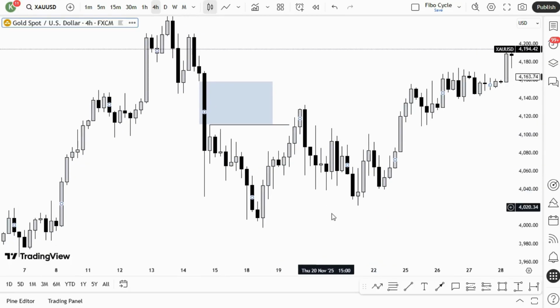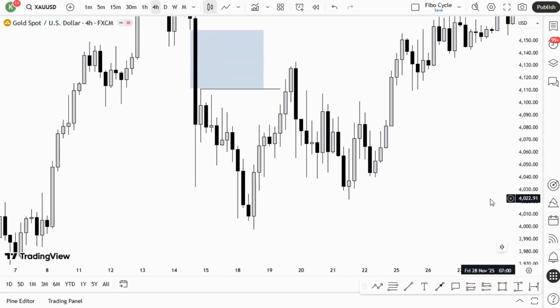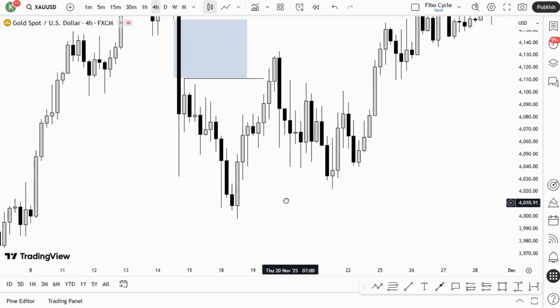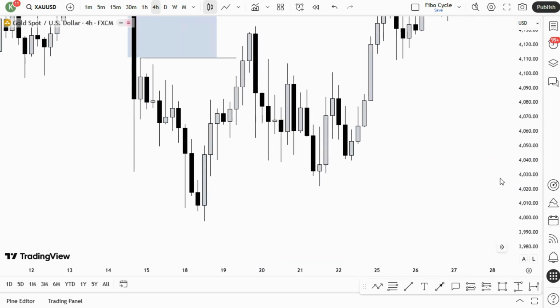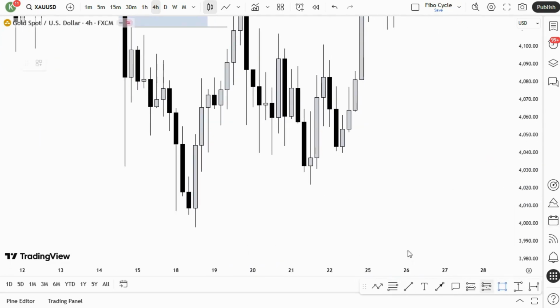It retraced for some time, and what did it retrace to? We can see that here we have a fair value gap as well. We have a small fair value gap here.